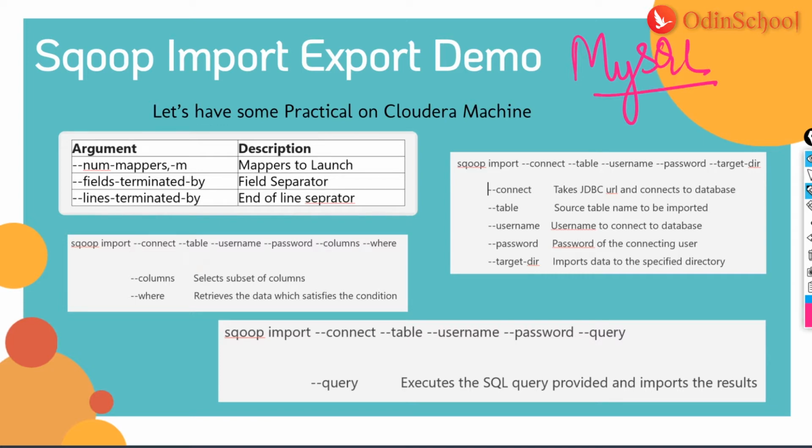Let us import a single table to HDFS using Sqoop import utility, and then we will do reverse thing as well. We will try to know there would be one file at HDFS. We will create a table in MySQL and we will export the data to MySQL. Let us have a quick demo.